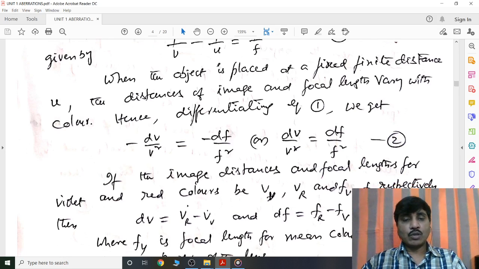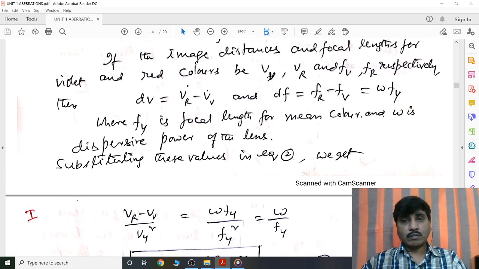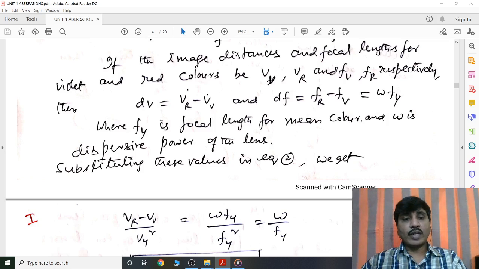That is equation 2. If the image distance and focal lengths for violet and red colors be Vv, Vr and fv, fr respectively, then dv is equal to Vr minus Vv and df is equal to fr minus fv is equal to omega into fy, where fy is the focal length for mean color, that is yellow color, and omega is the dispersive power of the material of the lens.